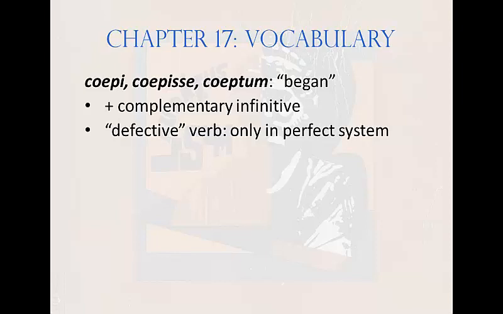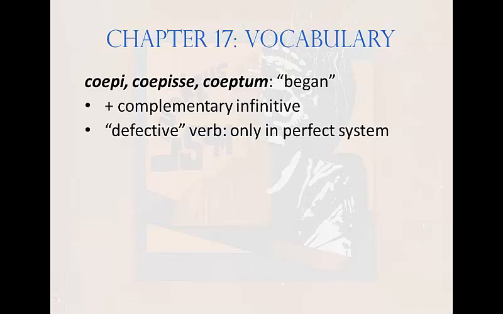Well, maybe it did once, but since no ancient author ever uses the present base of this verb, we have to conclude it was somehow not seen as proper Latin, at least not during the classical age, and therefore it can't be part of your vocabulary list. Instead, in all surviving Latin texts, this verb always appears in one of the perfect tenses, perfect, pluperfect, or future perfect.